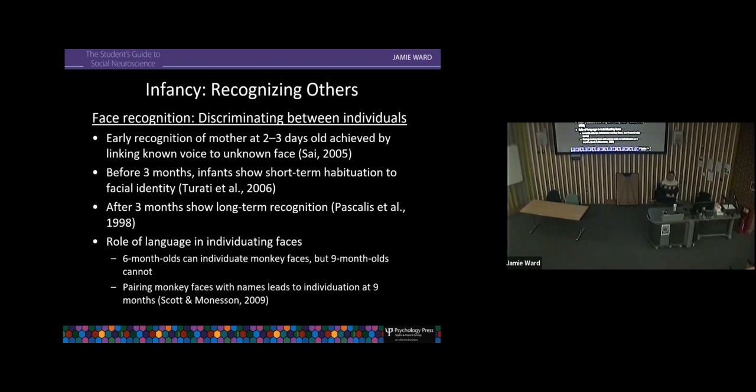But what you find here is that they lose that ability to differentiate, but you can regain that ability by giving them labels. So in one study, you see, say, 10 monkeys, and that one's called monkey, that one's called monkey, that one's called monkey. But instead, if you call that monkey Bill, you call that monkey John, you call that monkey Sarah, the infants will go on to be able to recognize and have better discrimination of monkey faces.